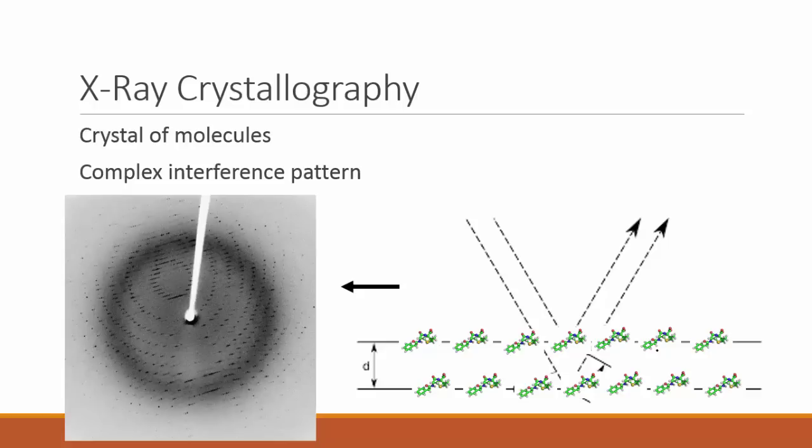And what you get is a lot of bright and dark spots, which they're showing off here to the side. From that information of where the bright and dark spots are, you can infer the size and shape of the molecule, where the atoms are located in this molecule. So this is a really common, sophisticated technique used to essentially image molecules.